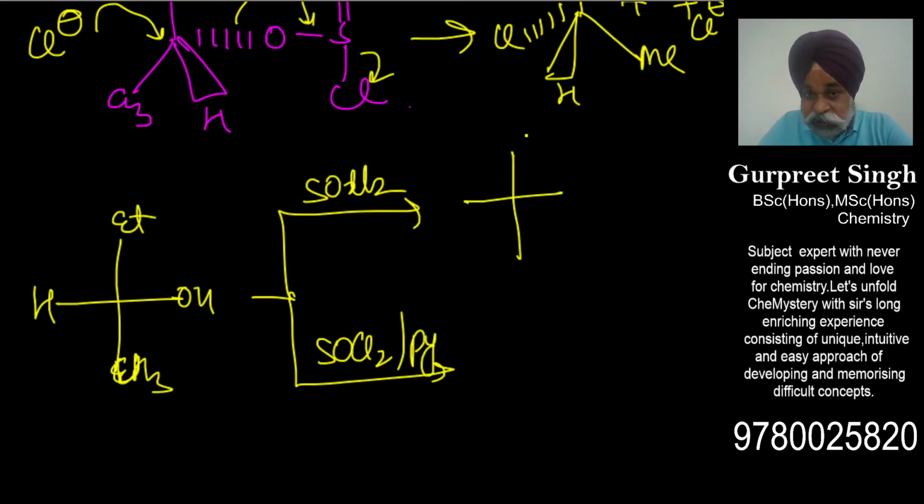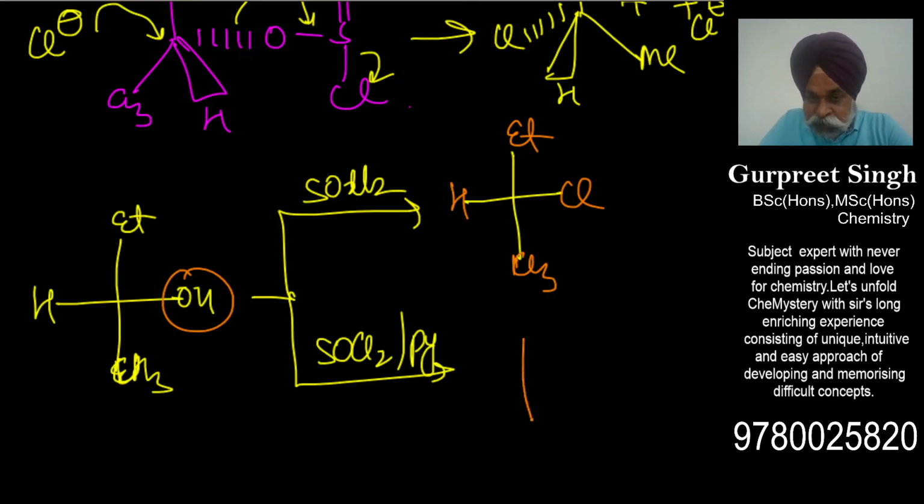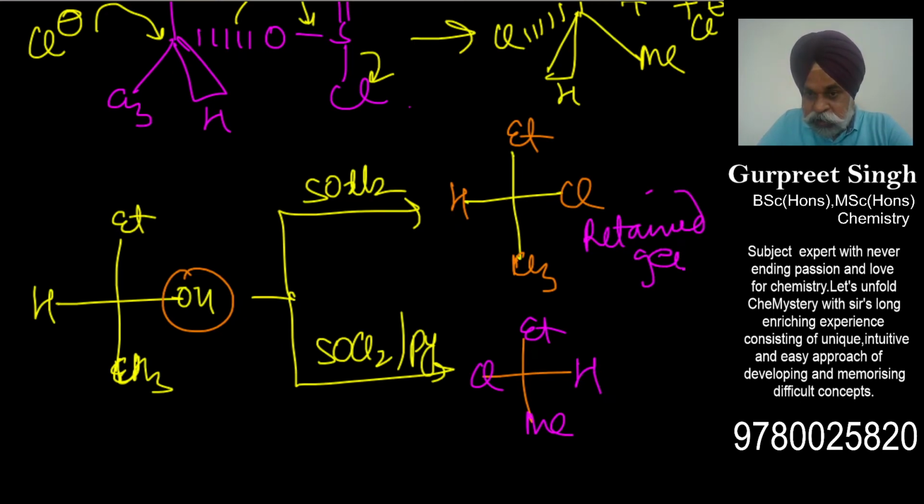Here you would get the retained geometry, the OH gets changed into Cl, and the retention is there. You would not be getting anything other than this. And here you would get ethyl, methyl, and here you would get Cl. So here you got retained geometry, and here you would get inverted geometry.